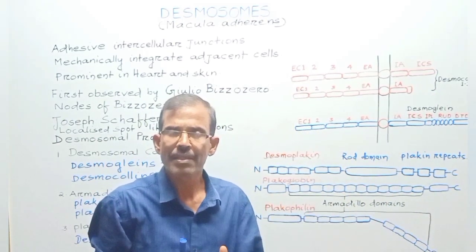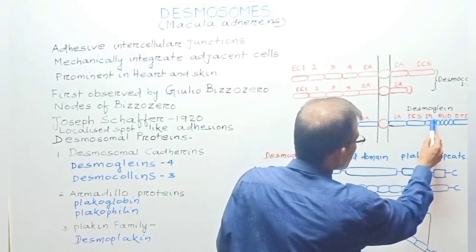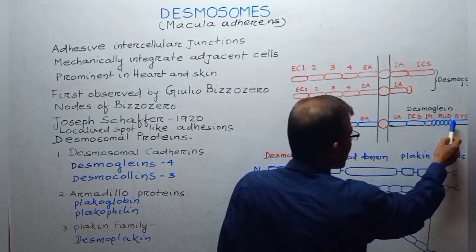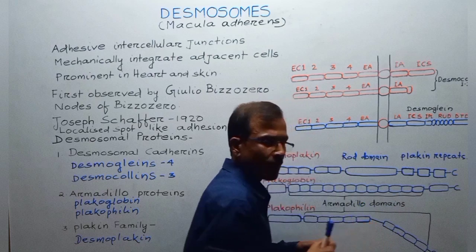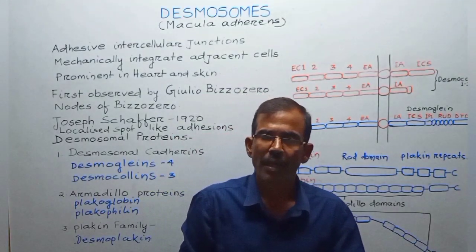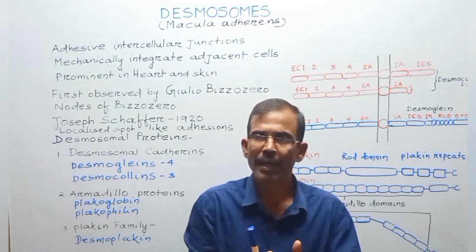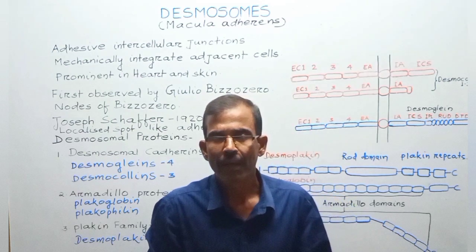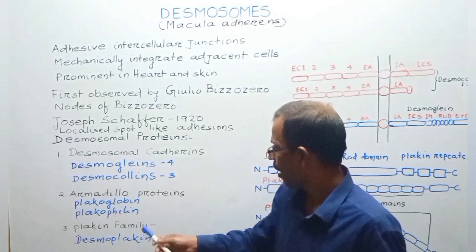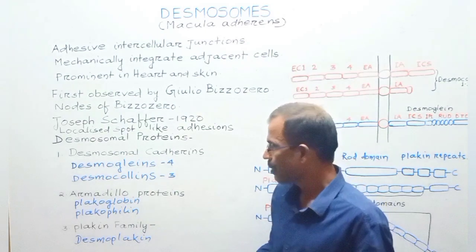Desmogleins have additional sequences of unknown functions, including a proline-rich linker region, a repeat unit domain and a desmoglein terminal domain. Each of the 3 desmocollin RNAs can be alternately spliced to form an A isoform and a B isoform. The second type of proteins present in desmosomes are armadillo proteins, including plakoglobin and plakophilin.